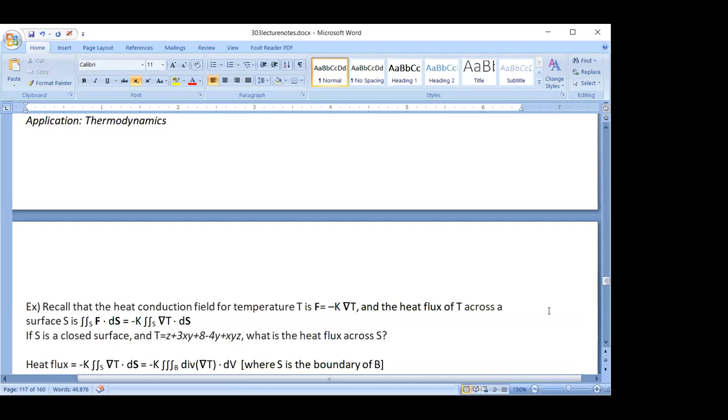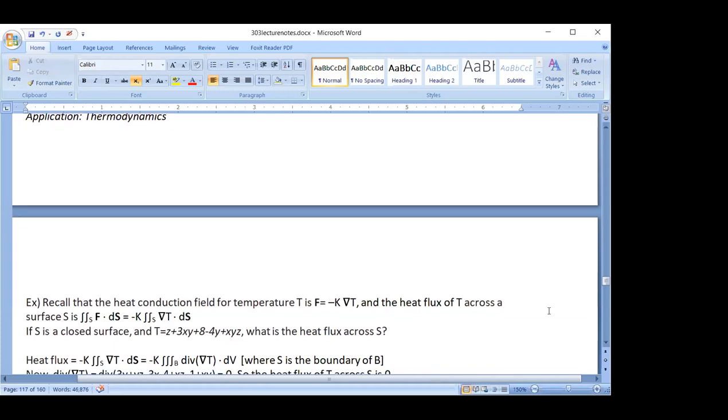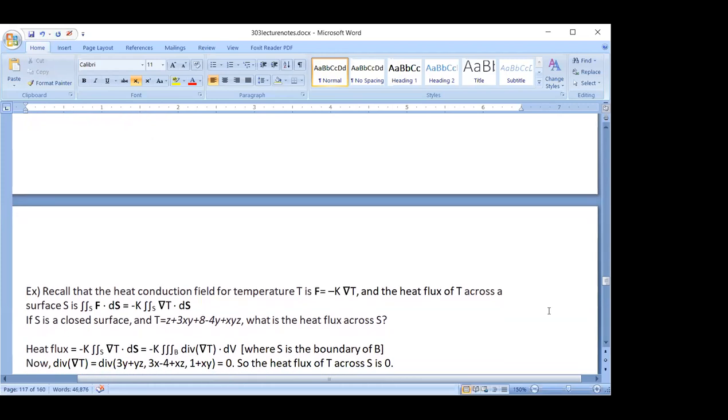Let's calculate the divergence of the gradient of T. In this case, the gradient of T is 3y plus yz, comma 3x minus 4 plus xz, comma 1 plus xy. And when you calculate the divergence of that, you get 0 plus 0 plus 0 equals 0.